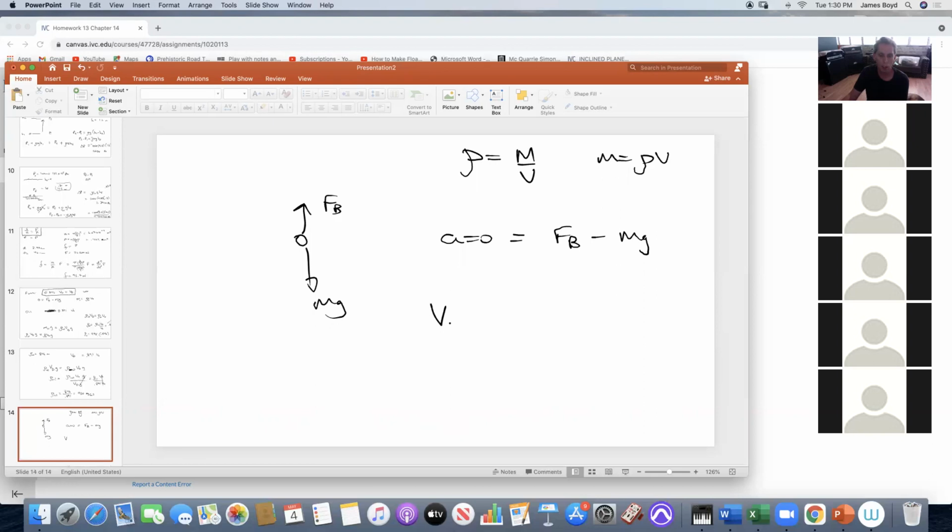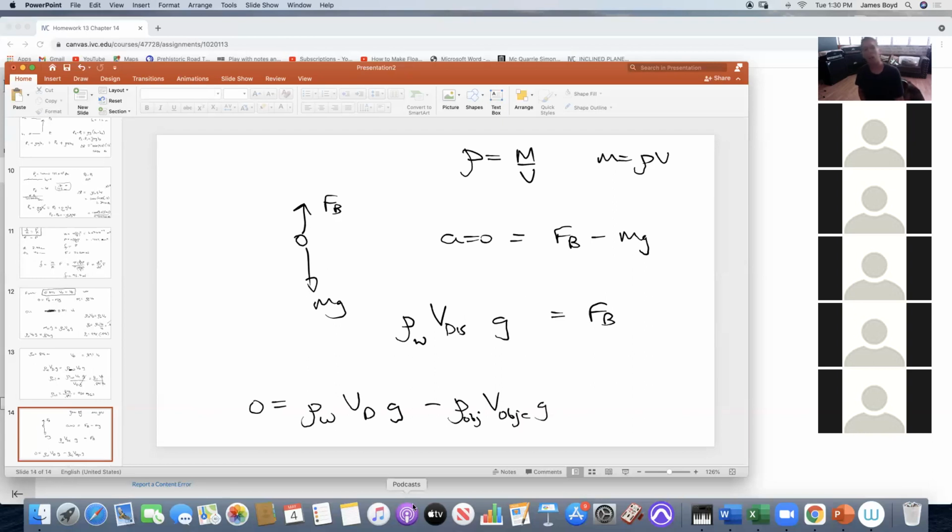And the volume of water displaced times the density of water times G is the force of buoyancy. So you get 0 is density of water, volume displaced, G minus density of object times volume of object times G. And if you write the volume displaced in terms of volume of the object, you can cancel that. And then you're just only dealing with the density of water and the density of the object. Not too bad.